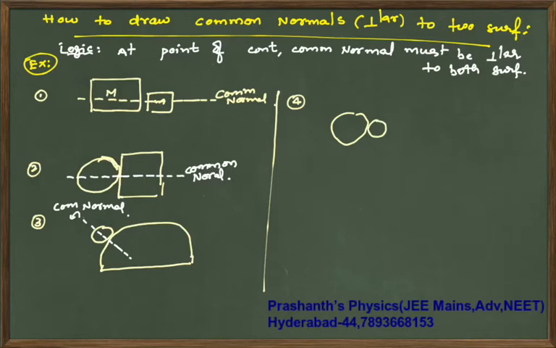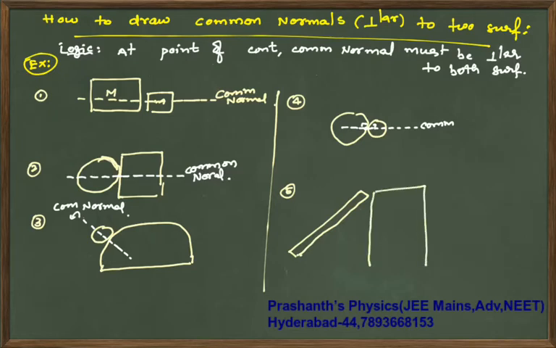So I told you at the point of contact it must be perpendicular to both. So this is perpendicular to both. So this is your common normal. Next, if you take one more surface like this, in which direction is your common normal?